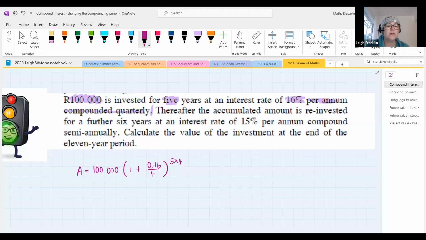That is perfect. And of course, we would put that into our calculator like we have been, and we'd work out what this accumulated amount is. All right, what are you guys getting? You can share in the chat with me. Okay, I agree.